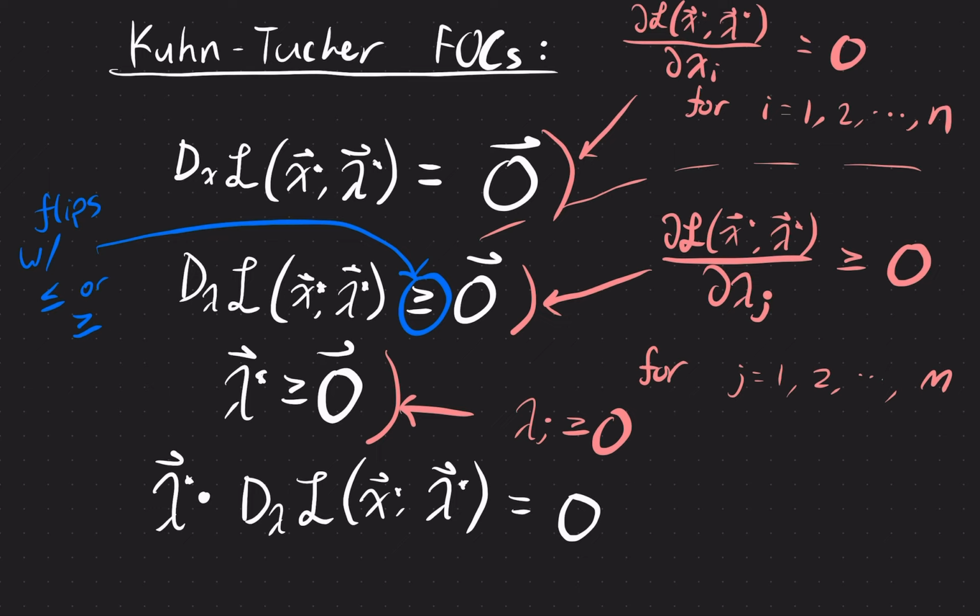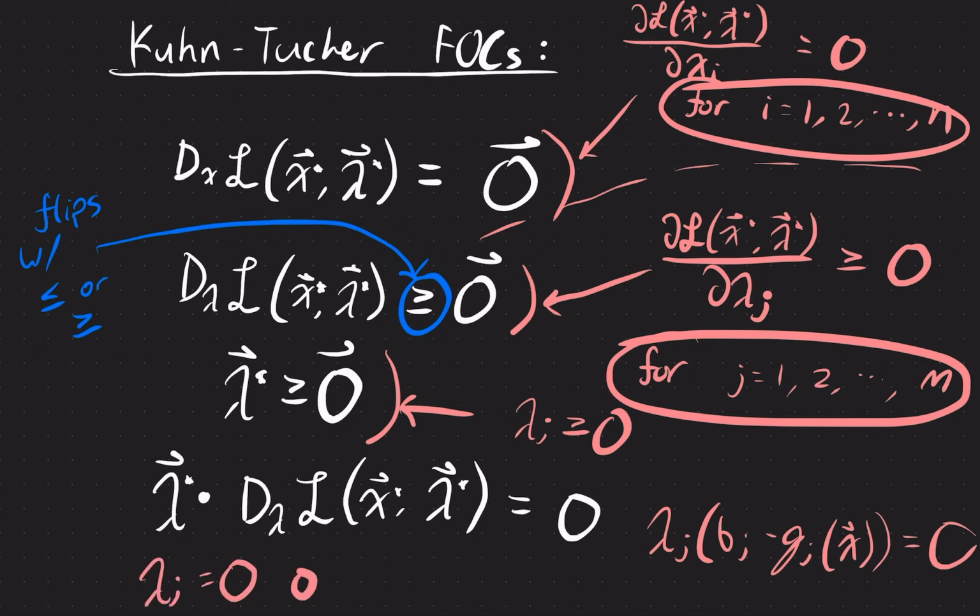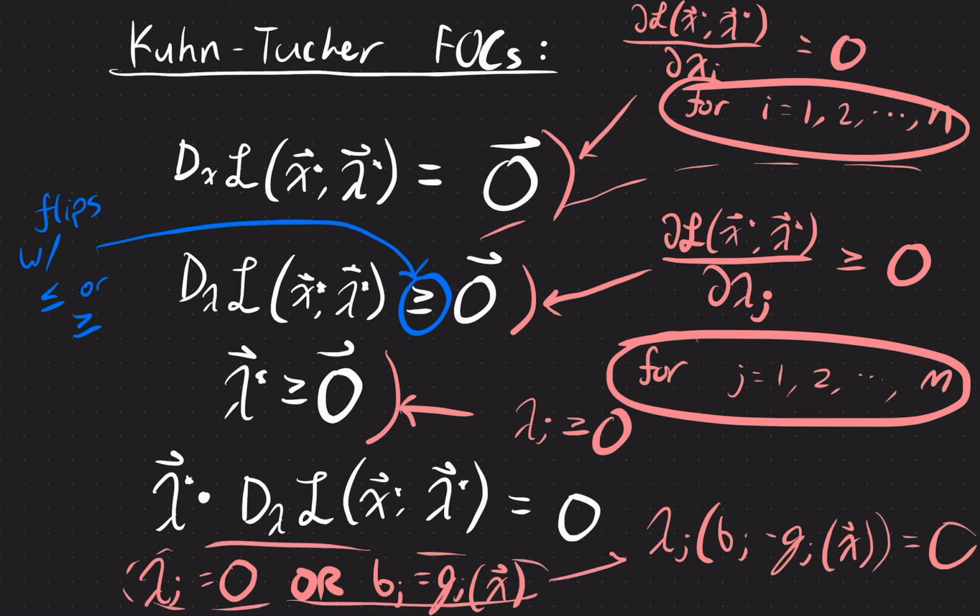And finally, what this dot product means is that the sum of all of the lambda j times this gradient j is going to be equal to 0, which ends up meaning that for each of these j, lambda j times b sub j minus g sub j at x has to be equal to 0. We can also write that like this, or b sub j equals g sub j. This guy is just another way of writing this one.